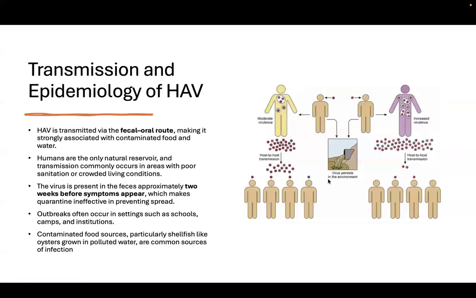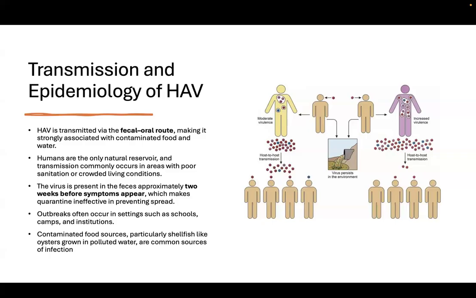So the transmission, as I said, usually happens through the fecal-oral route. So it's contaminated food or water. And what makes the hepatitis A virus extremely successful at infection is that once you contract it, it can stay there for 2 weeks and keep shedding through our waste for 2 weeks without us getting a single symptom.